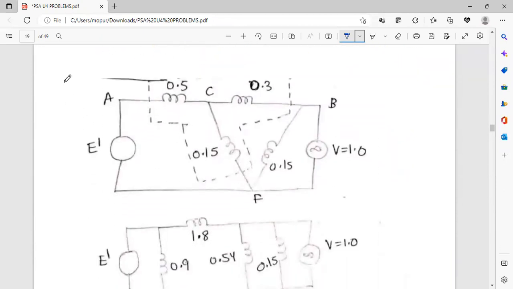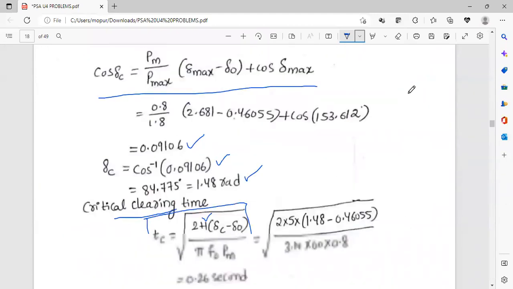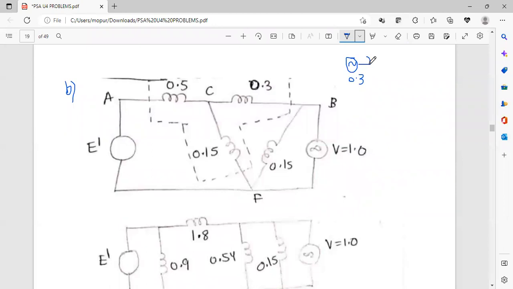Now let us see the second subdivision. Actually, the given diagram is, this is the generator. Here we had a generator which is having 0.3. And then here we had a transformer which is having 0.2.